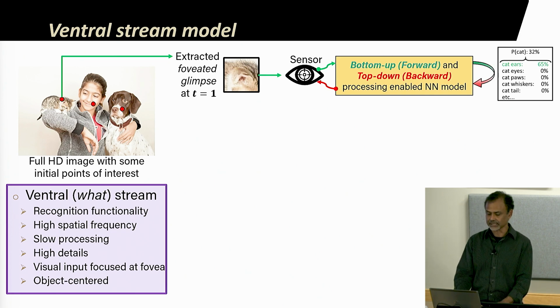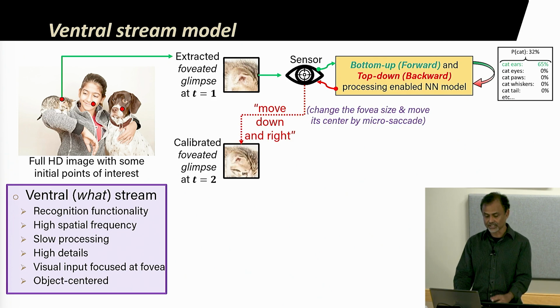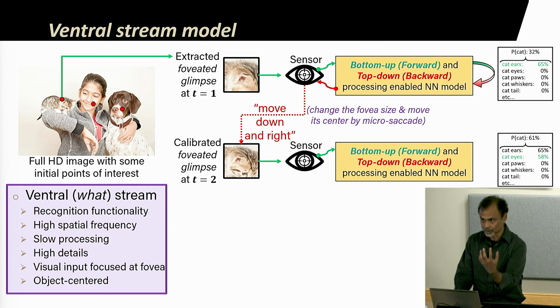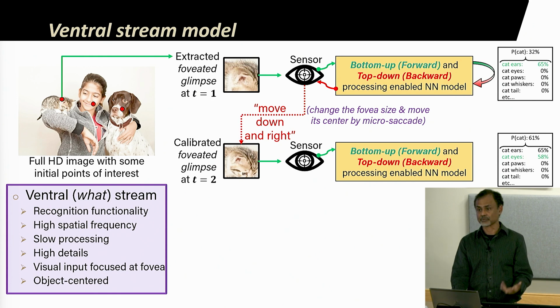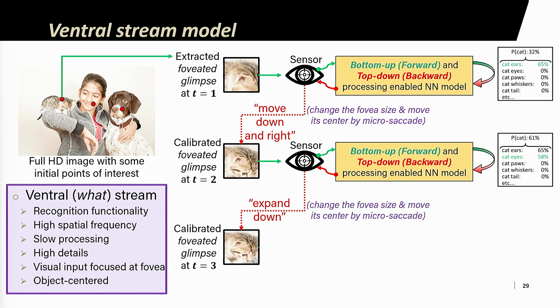Now, if it's a cat ear, then the obvious thing to do is to move my glimpse down and right to find out if I can find the cat's eyes. And then I can go down and try to figure out the cat's mouth or the whiskers. So every time I'm priming my network and really trying to figure out where the full cat lies, so to say.